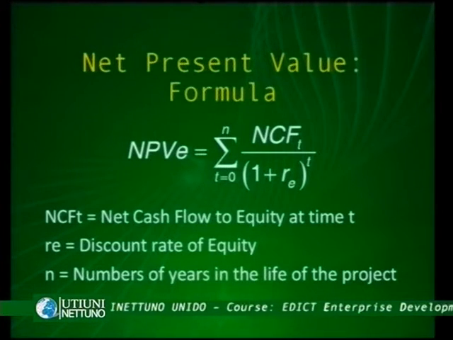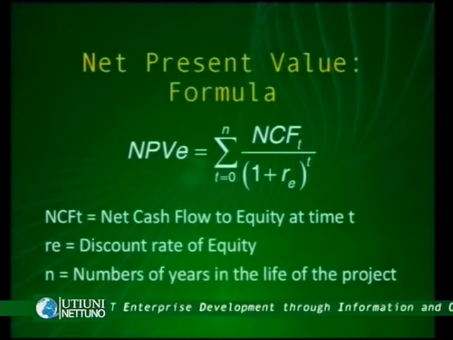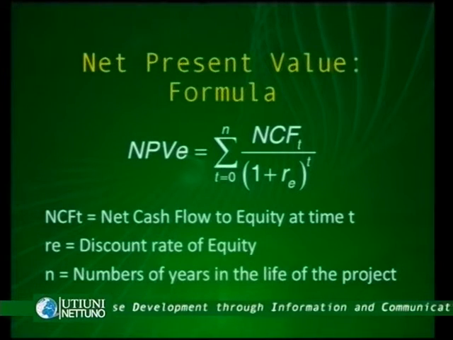And when we discussed the cost of capital, we have seen that whereas the cost of capital of all the sources of financing is represented by the weighted average cost of capital that accounts for both the cost of debt and equity, the cost of equity is clearly distinct because it's only one component of the weighted average cost of capital.